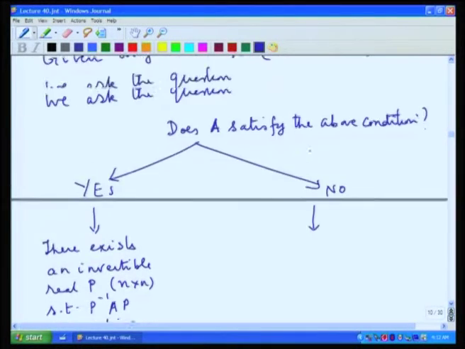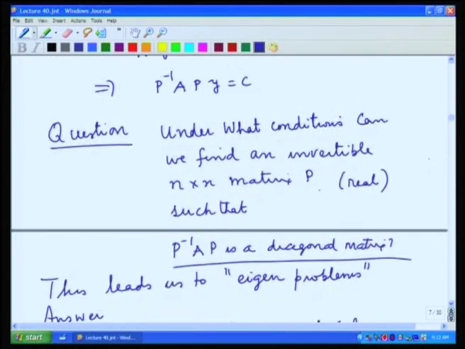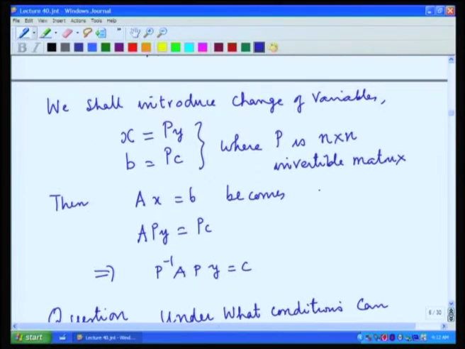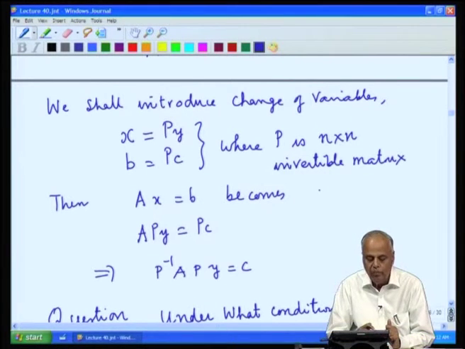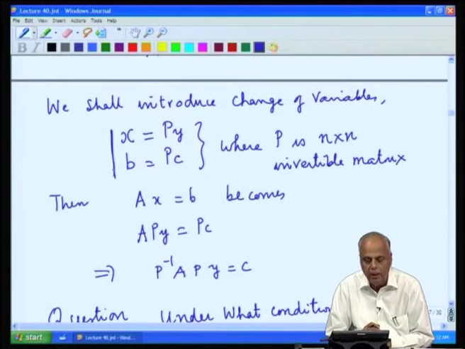Remember, this question arose because of the requisition for the change of variables. If you look at the change of variables, we use the same matrix P for changing the variable x as well as changing the variable b.